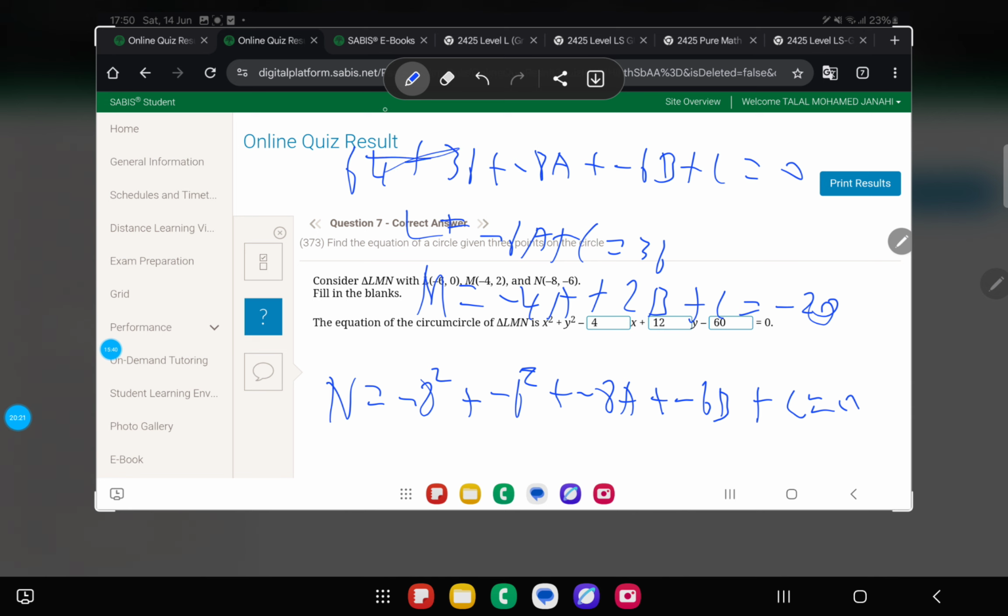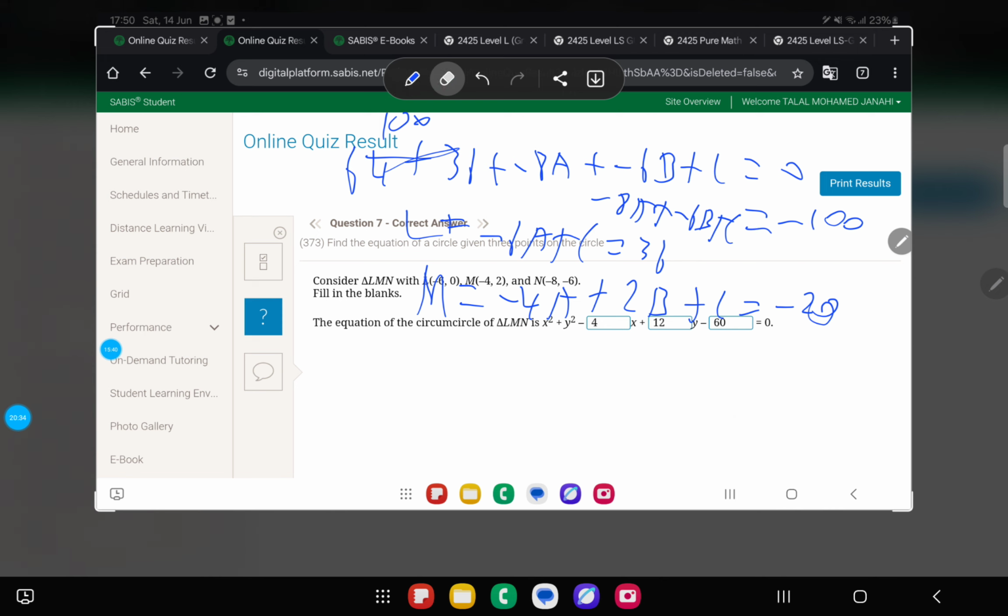So you move 100 to the other side, and it becomes negative 100. So we're left with negative 8a plus negative 6b plus c equals negative 100. So that's N: negative 8a plus negative 6b plus c equals negative 100.